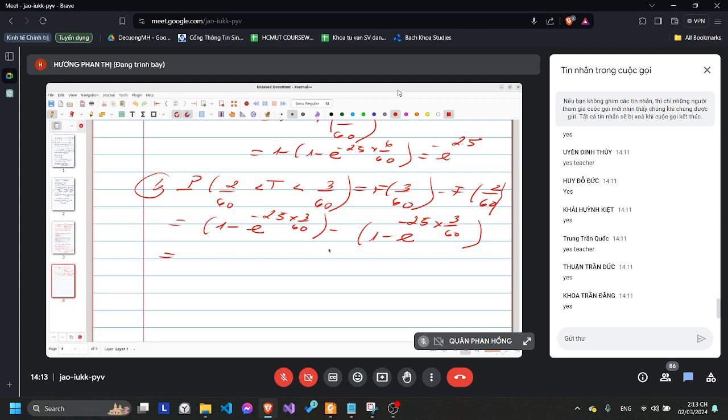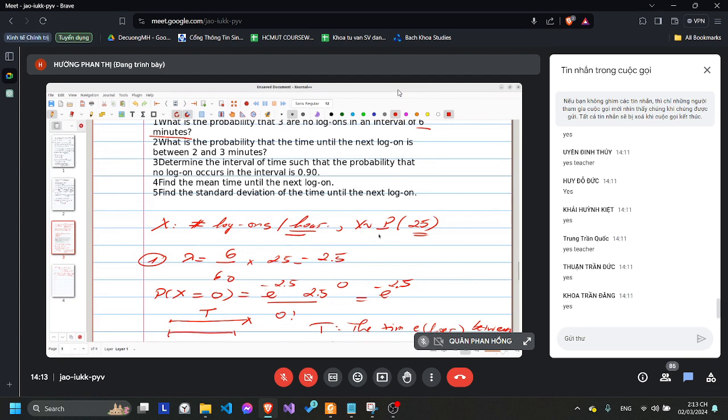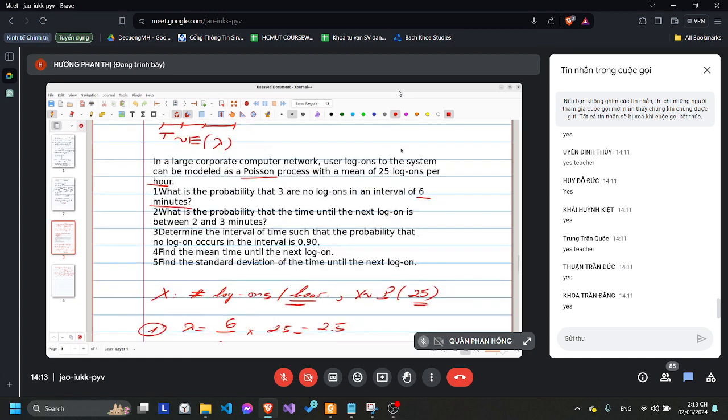Next, question C. Determine the interval term such that the probability that no lock-ons occur in this interval is 0.9. It is similar to question 1.